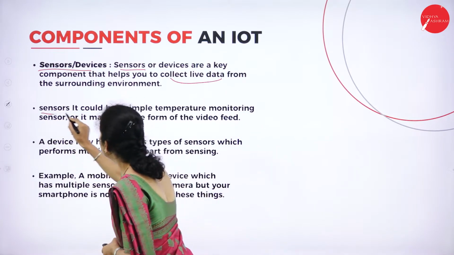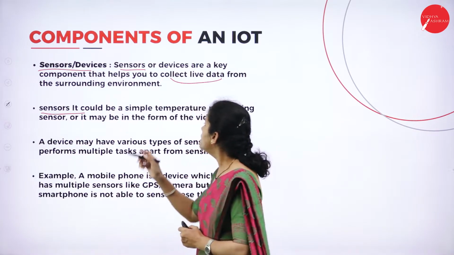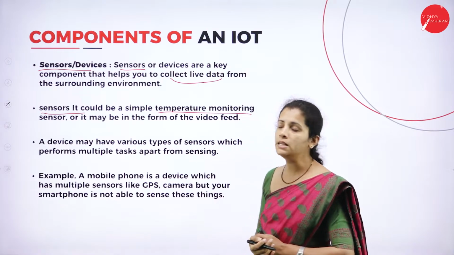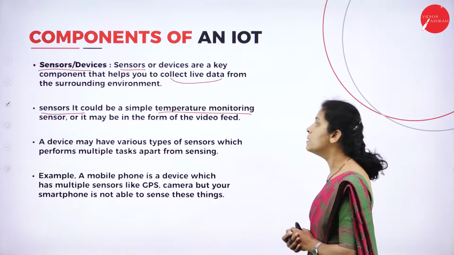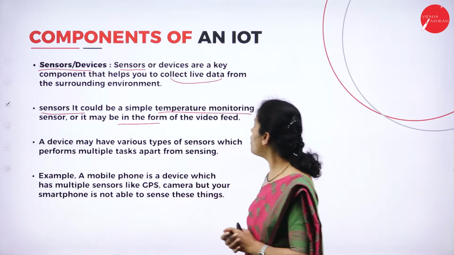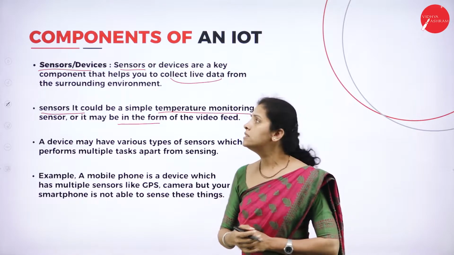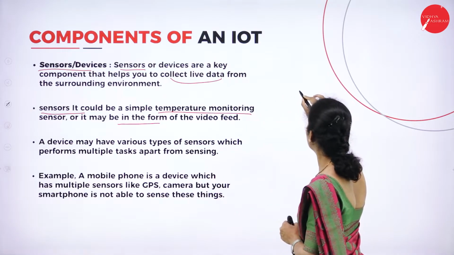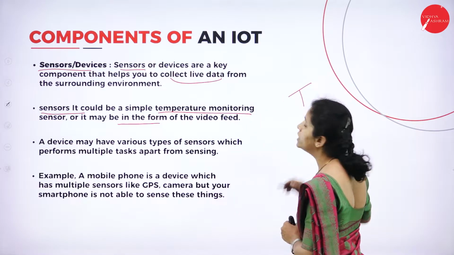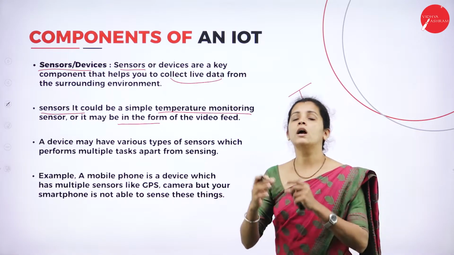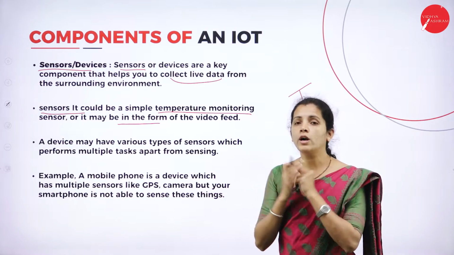So a sensor could be a simple temperature monitoring sensor. An example for a sensor may also be in the form of a video feed. So dear student, the simple example I can consider for IoT here is, suppose I want to control the AC. So what do I want to do?